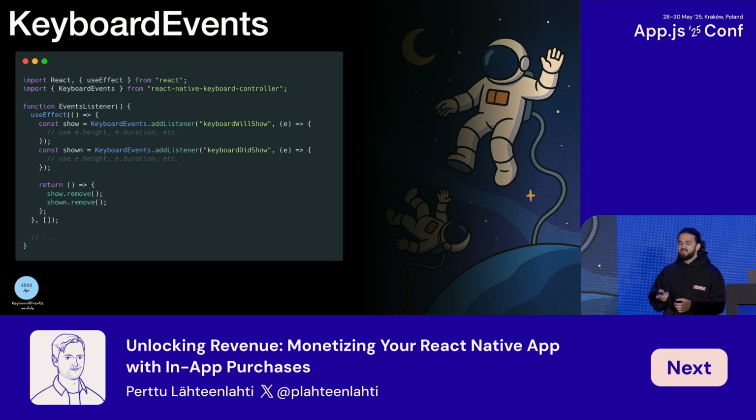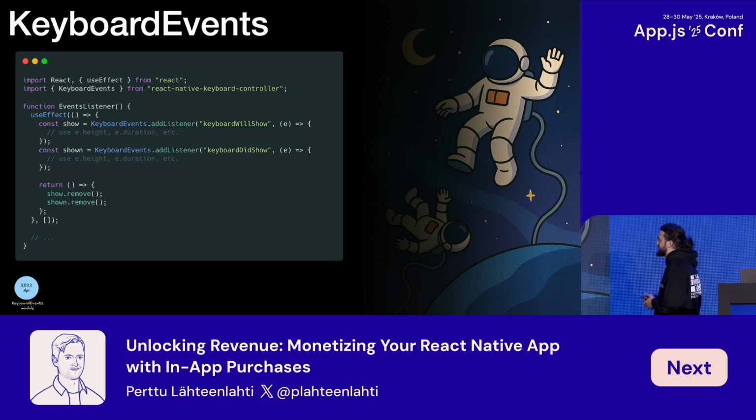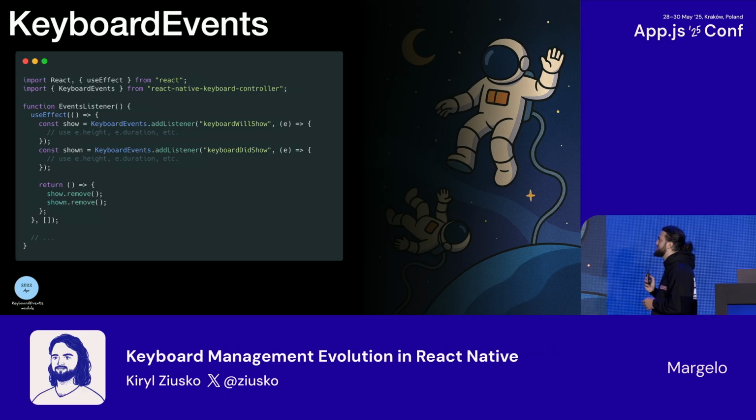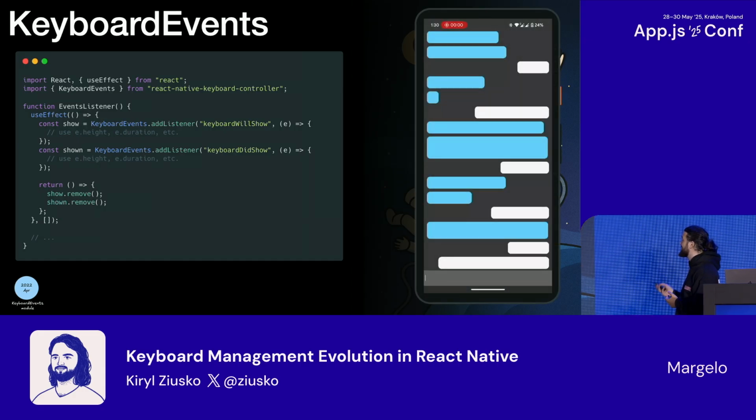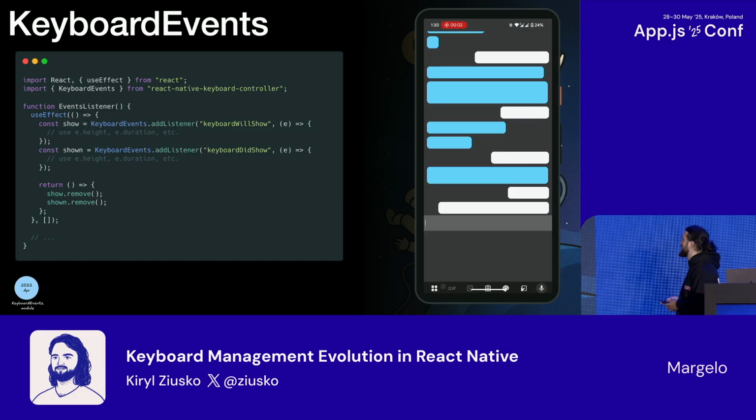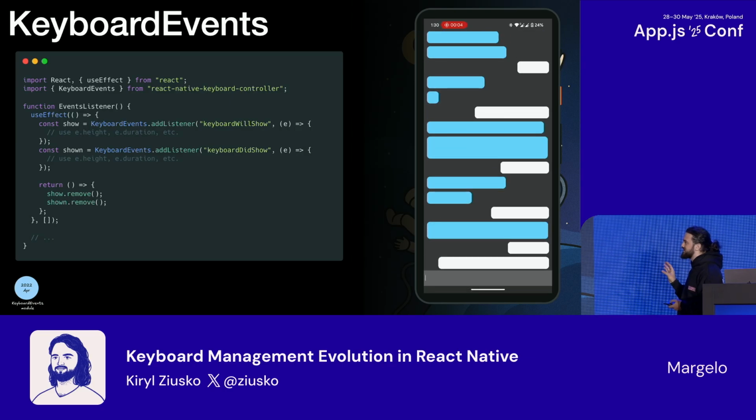The first missing piece in React Native was the lack of keyboardWillShow and keyboardWillHide events. And Keyboard Controller fills this gap by introducing a module called KeyboardEvents. However, due to platform differences, we can easily utilize it on iOS, but on Android, if we try to use it, we will still have desynchronized animation.